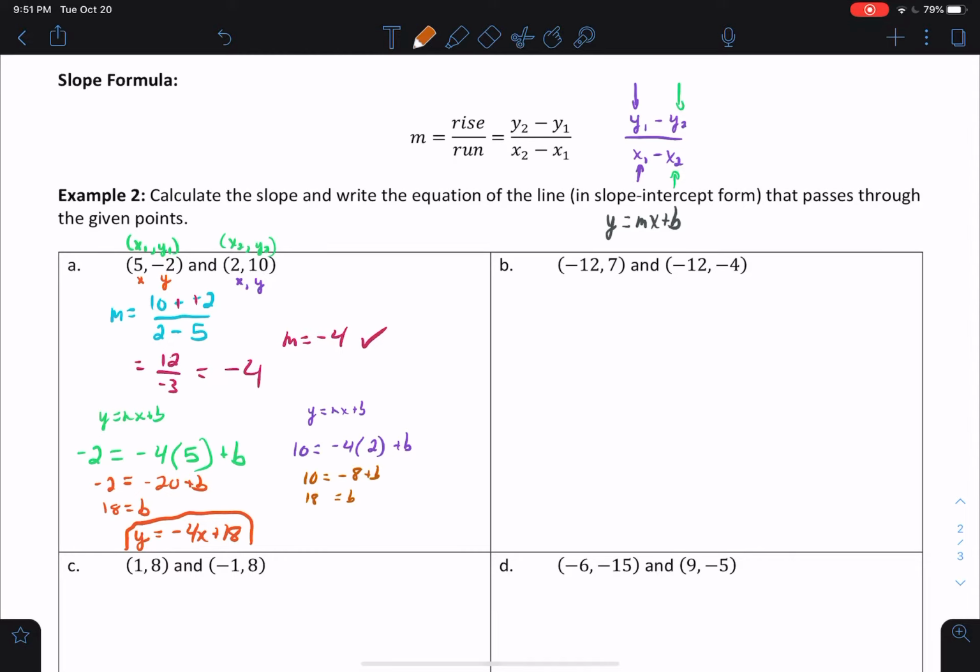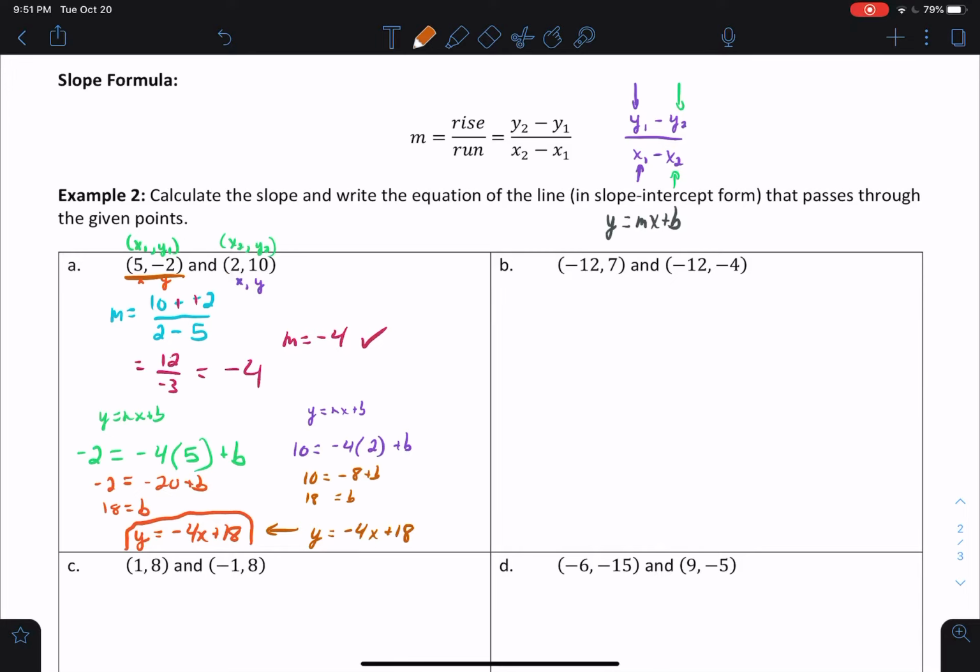So b equals 18. So I get y equals negative 4x plus 18. It's the same thing we got there. So it doesn't matter which of these original coordinates you pick to plug in for x and y. Either way, you're going to solve for your y-intercept, your b value.